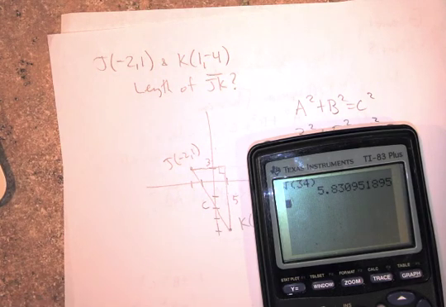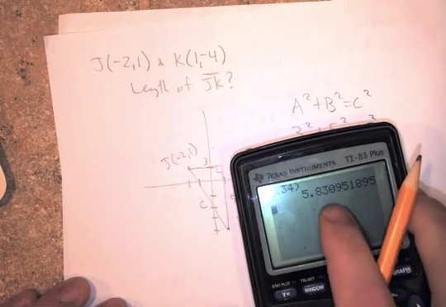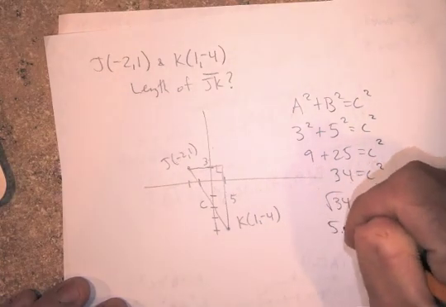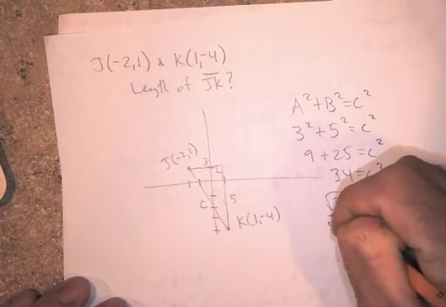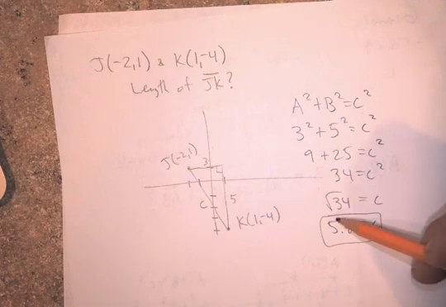It's about 5.83. If you round to the nearest tenth, that's fine. I'm just going to say 5.8. Round to the nearest tenth, one decimal place. Which makes sense, right? Because the square root of 36 is 6, so the square root of 34 is just a little bit smaller than 6.